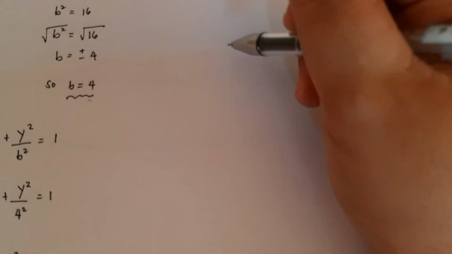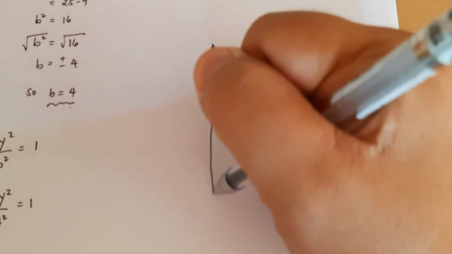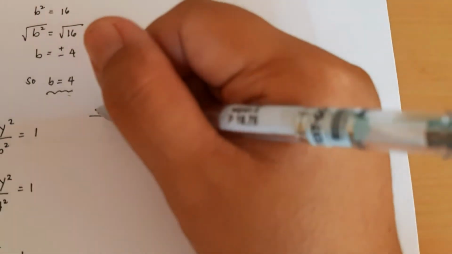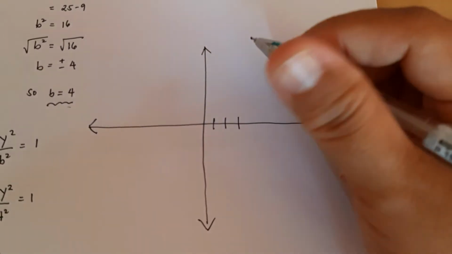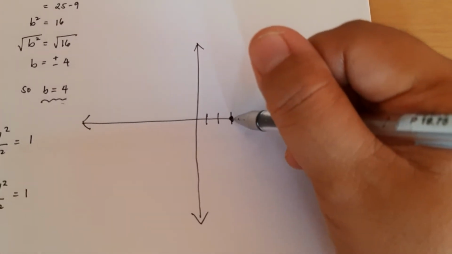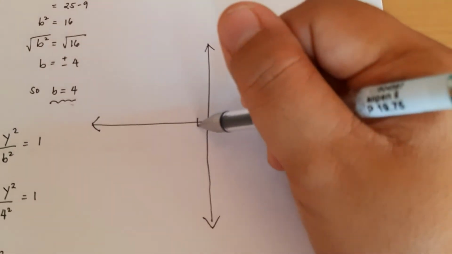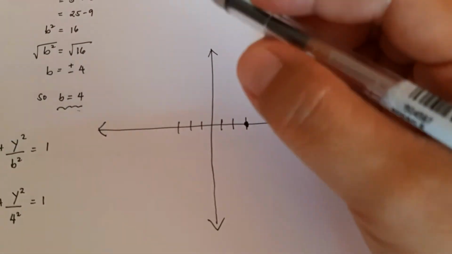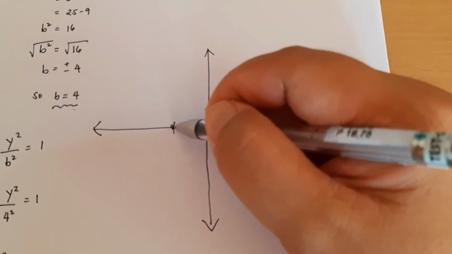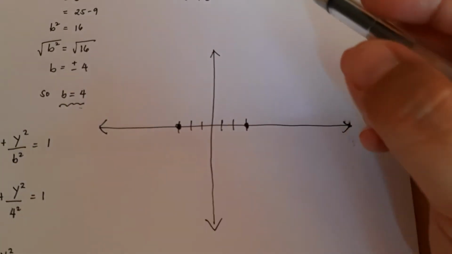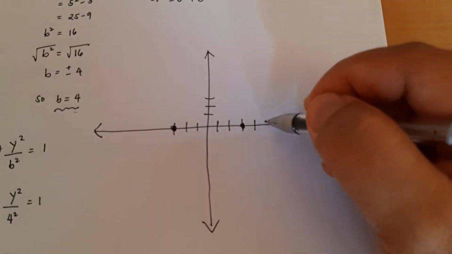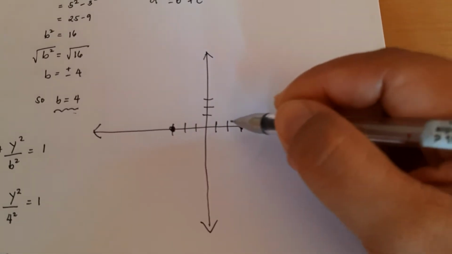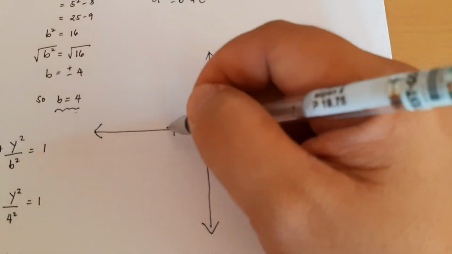So, when we graph this, let us graph the focus. Here is the focus. Since your center is at the origin, one focus is here. And then, the vertices are located here. 1, 2, 3, 4, 5.